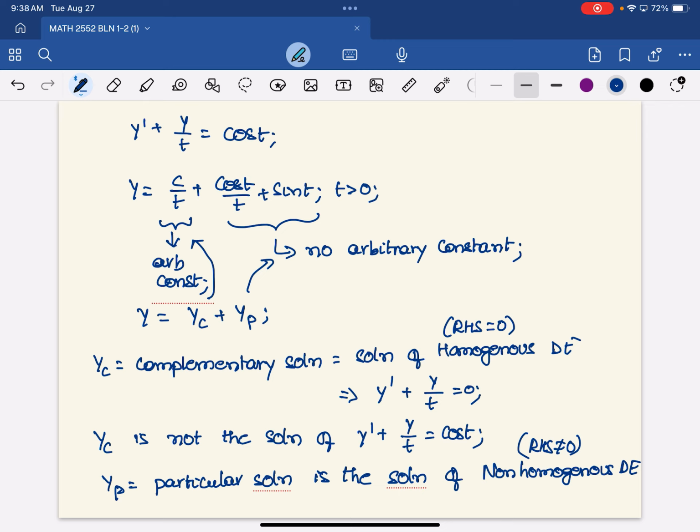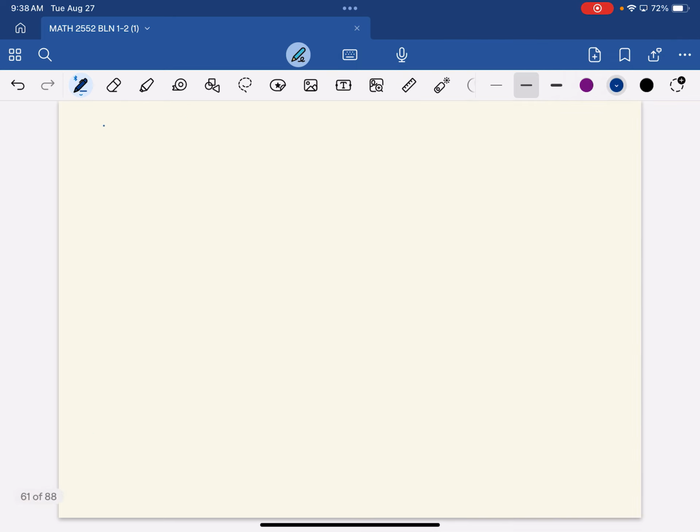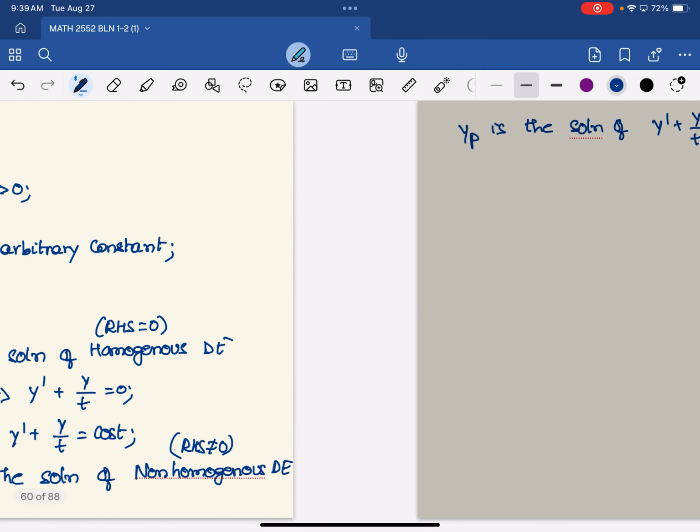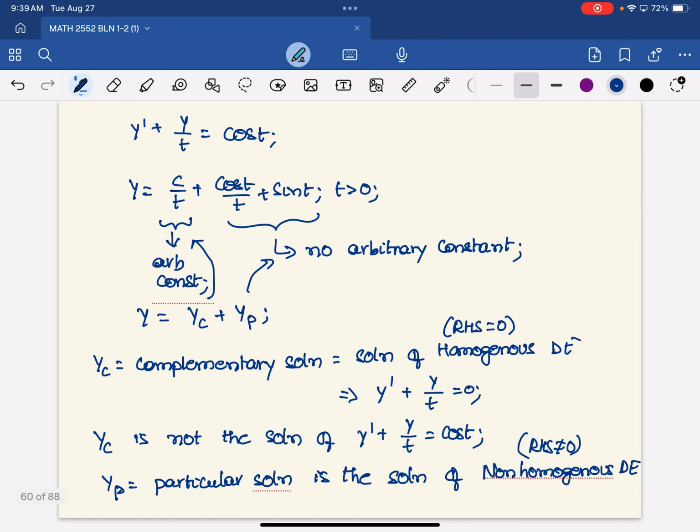So in this case, yp is the solution of y prime plus y over t equals cosine of t.